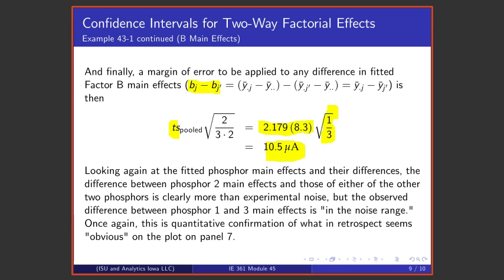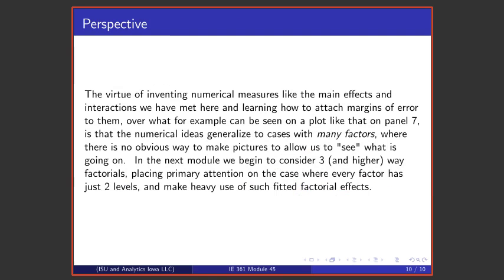And if you'll remember, differences between the fitted B main effects, a couple of them will exceed 10.5, that is the difference between the phosphor 2 main effects and 1 and 3 will exceed this, but the difference between 1 and 3 is not going to beat 10.5.